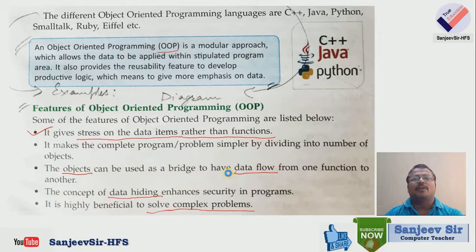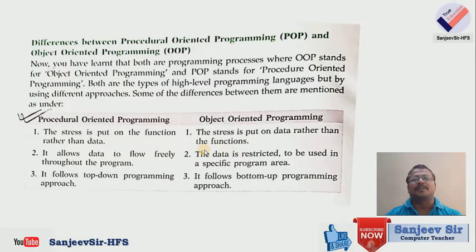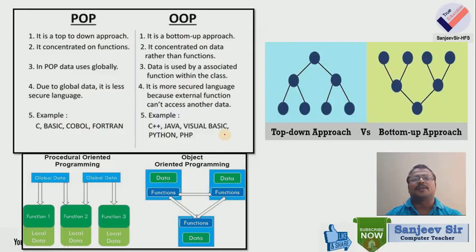Now we understand what the difference is. I will show you in different ways what is given here. First is the top to bottom approach, and this is the bottom up approach. What are the top down and bottom up approaches?